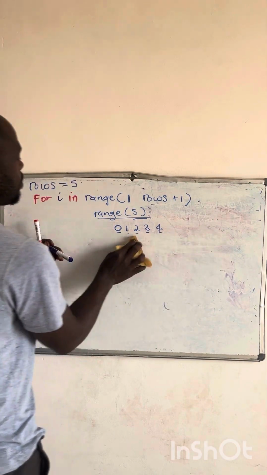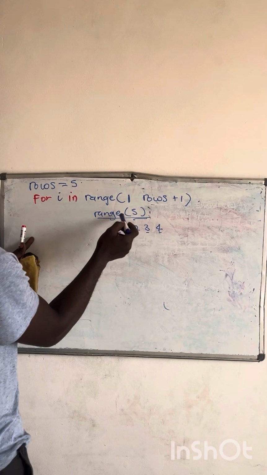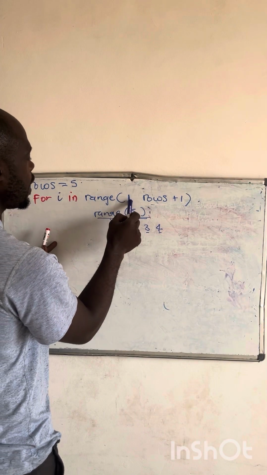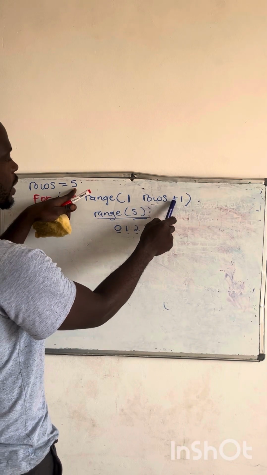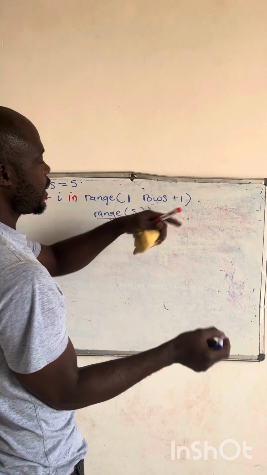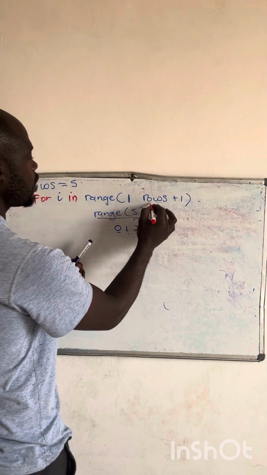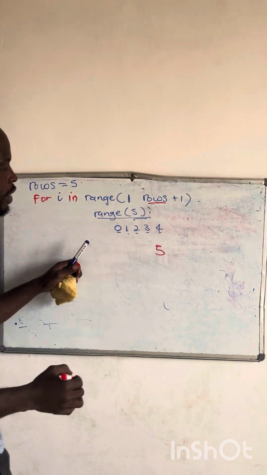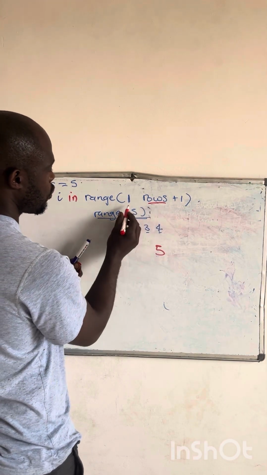When we go back to our example, and we look at for i in range, this is 5 plus 1. The reason we add this 1 is because the rows are 5, and in this case we want our range to begin from 1.